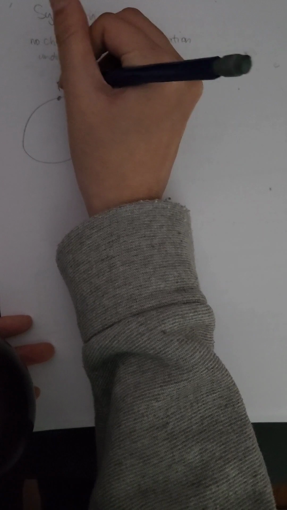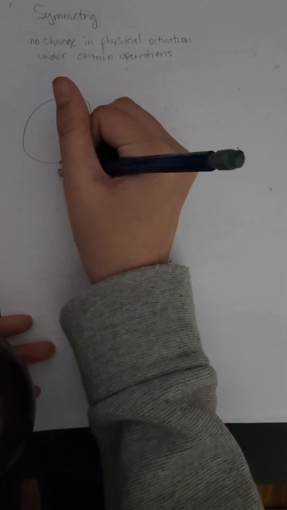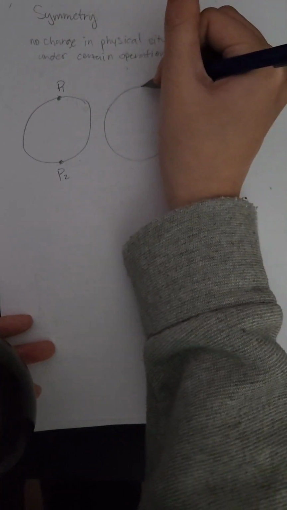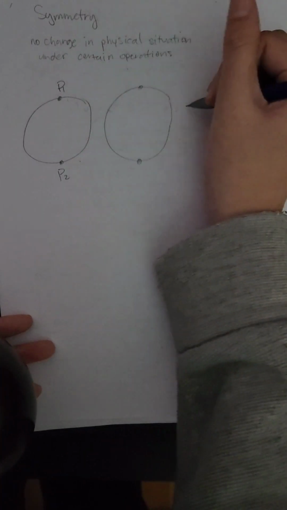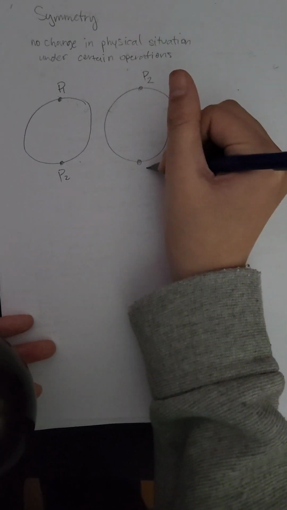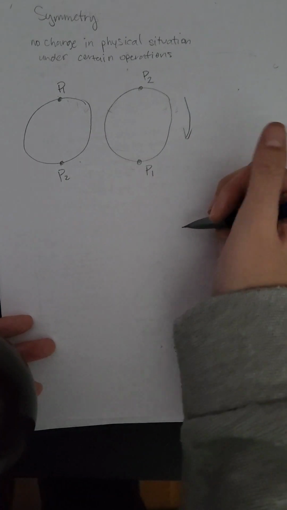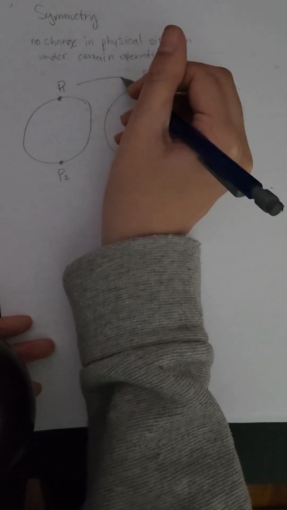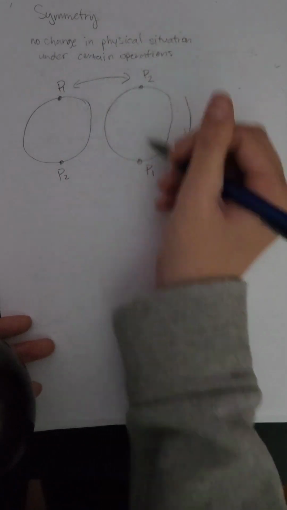So if I were to draw this sphere, a really bad circle, and say I wanted you to pay attention to point 1 and point 2, but I rotated it this way, and now P2 is on top and P1 is on the bottom, would you say that from its initial and its final, P1 is essentially the same as P2?